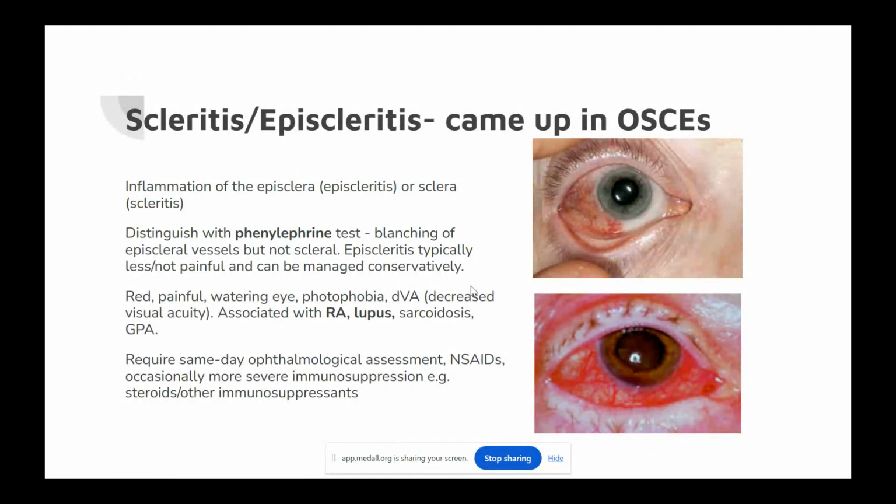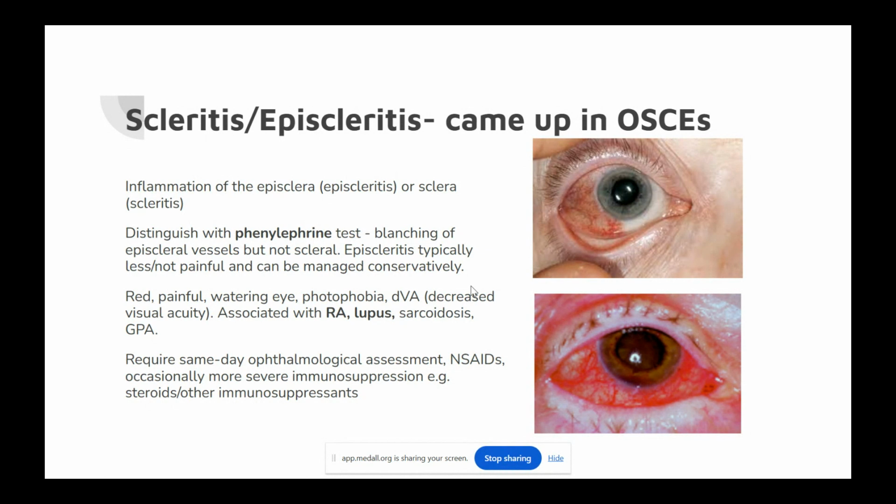However, a lot of features can help you distinguish between both, hence why they don't need the test or do it as much. With scleritis, the eye is much redder and more painful. They'll have a lot of photophobia. They could have a reduction in their visual acuity. Both of them can be associated with systemic features, but a classic link they like to make in MCQs is scleritis with either SLE, lupus, or with rheumatoid arthritis.